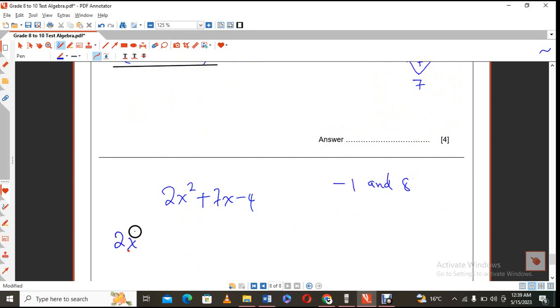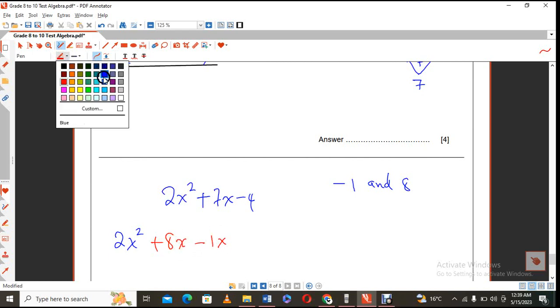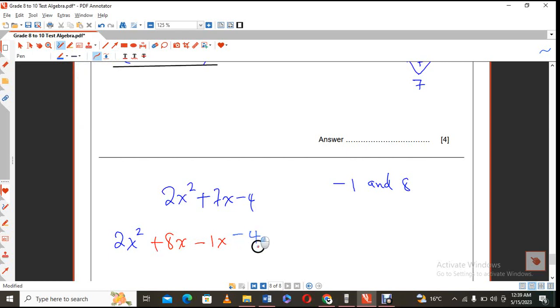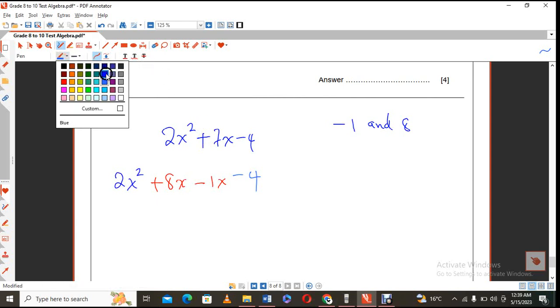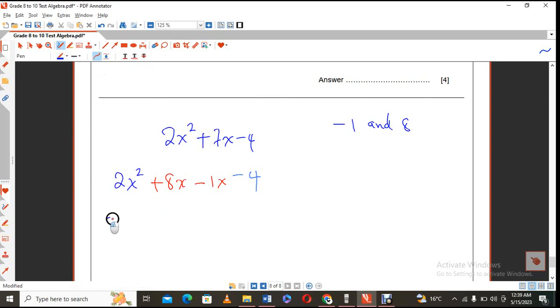So I have 2x squared, and again, it's like the previous. I'm going to have plus 8x minus 1x, and then obviously minus 4. If I take out the common factor by grouping, 2x here, I'll have x plus 4, since 2 goes into 8 four times.